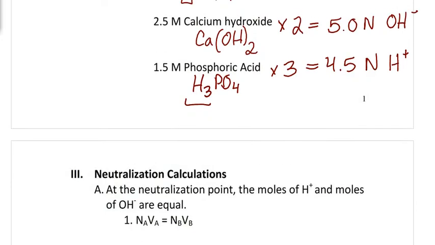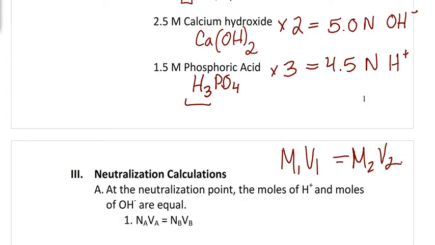There is an equation for neutralization because at the neutralization point you have equal moles of hydrogen and equal moles of hydroxide. So that reaction is happening in the correct stoichiometric ratio. And like I said, you could go back and do the stoichiometry, but it is a lot easier if you use normality. Now remember this equation, N1V1 equals N2V2.